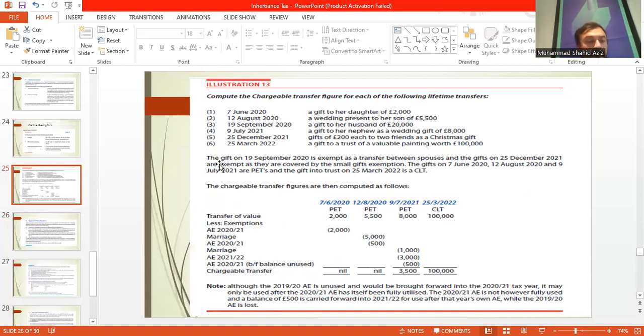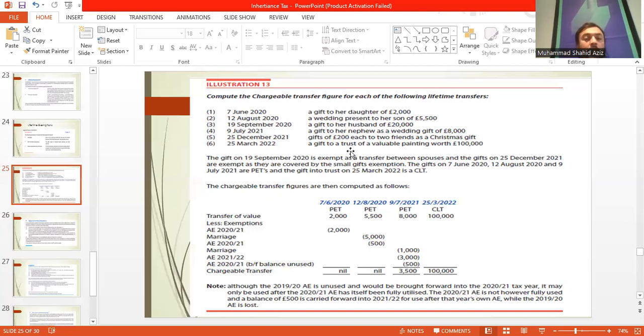We will continue. £5,500 as a wedding present. And a gift to a husband is tax free; we said that between husband and wife. £8,000 to a nephew, yes, it is a potentially exempt transfer.